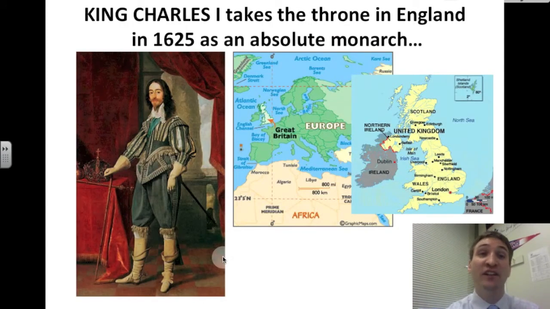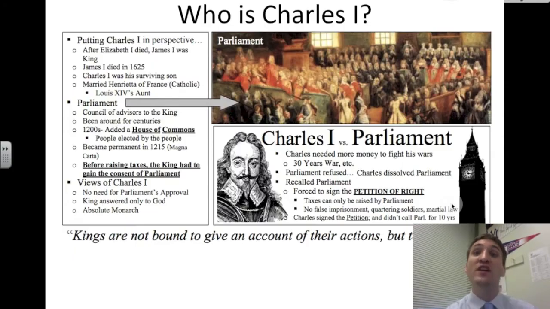And in England, in the 1600s, King Charles I takes the throne in 1625, and he says that he is an absolute monarch. There is King Charles I with his goatee and his royal gear. You see his crown to show his royal power. And he is the leader of Great Britain. Who is Charles I?